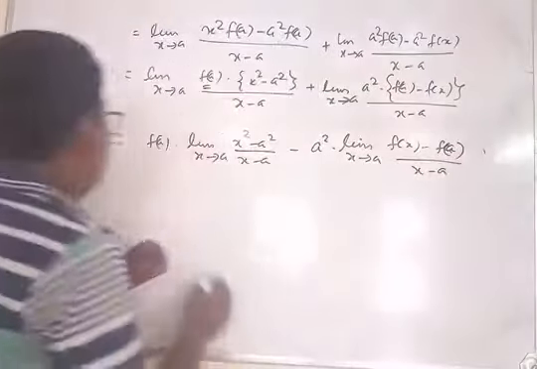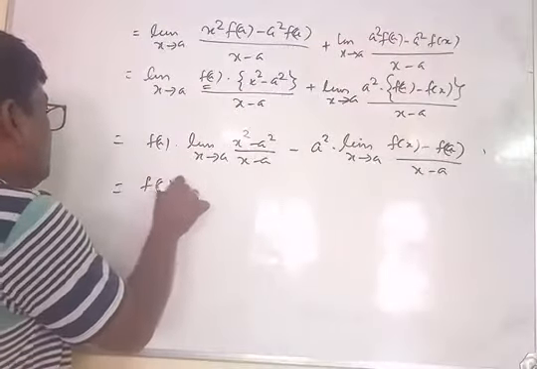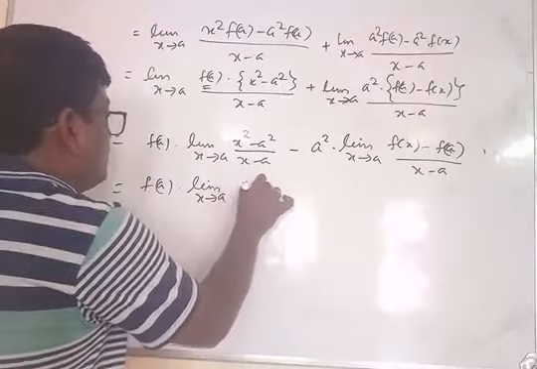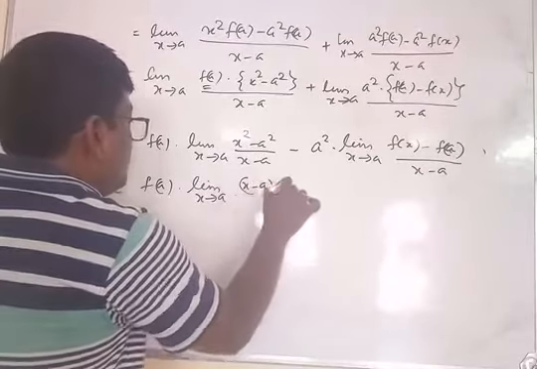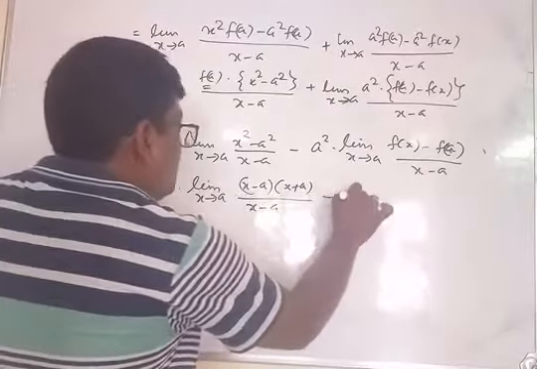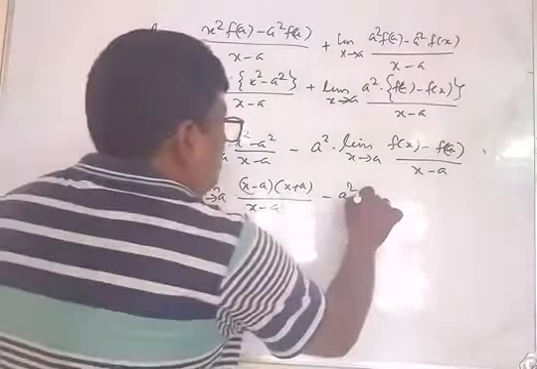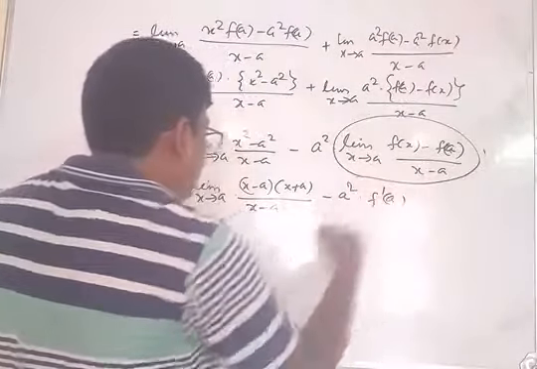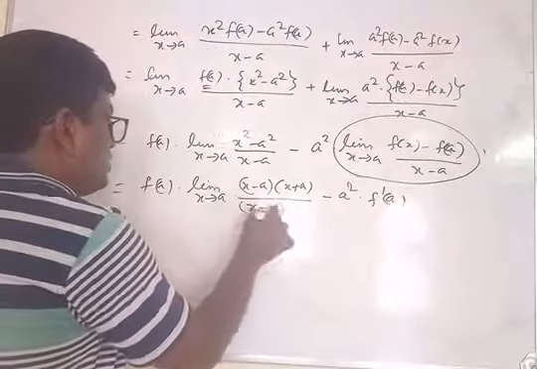Clear? This is equal to f(a) into limit x tends to a of (x − a)(x + a) divided by (x − a), minus a² times the limit, which by the formula is f′(a). The x − a cancels.